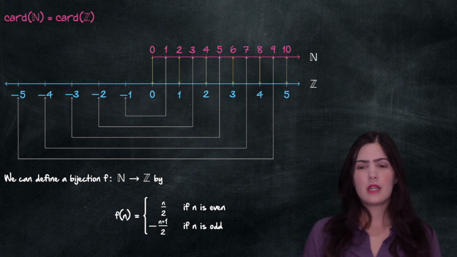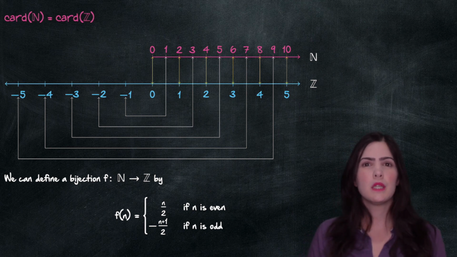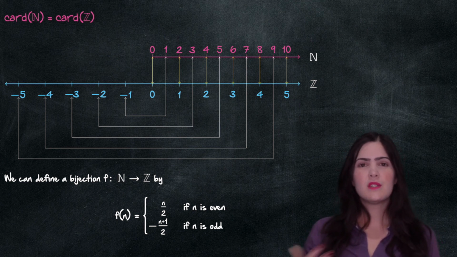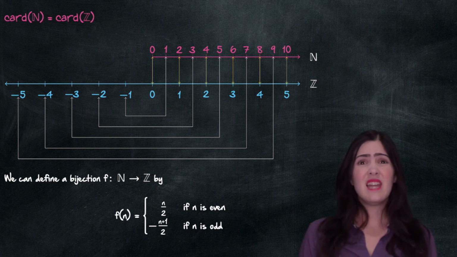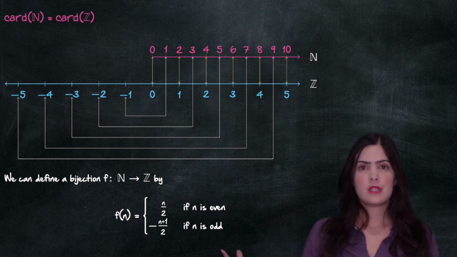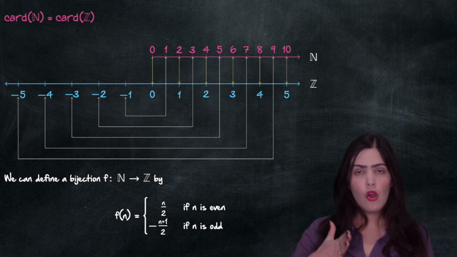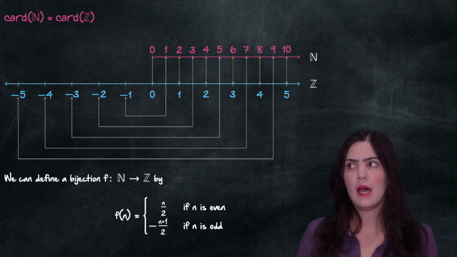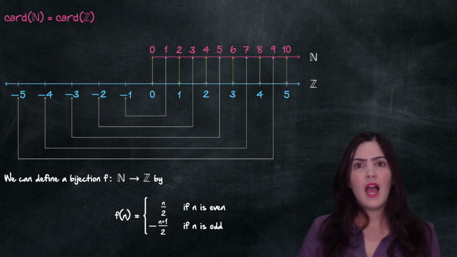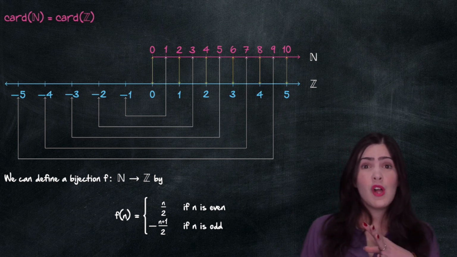Here you can see that it could sound extremely weird to you that the set of the naturals and the set of integers have the same cardinality, because intuitively you might think that the set of integers has all the natural numbers, which is all the positive integers plus 0, but it also has all the negative integers.